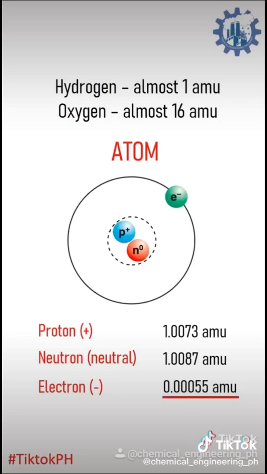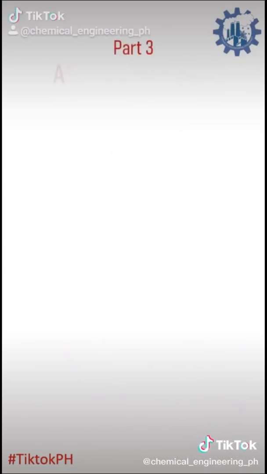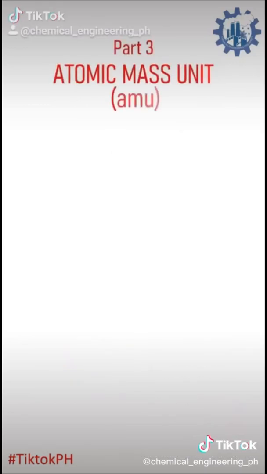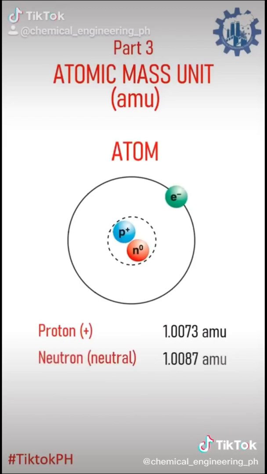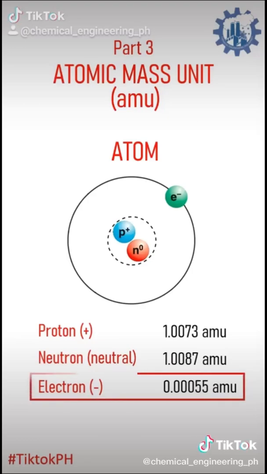That is why it is considered negligible when calculating the atomic weight. Here is the third part of our discussion about the atomic mass unit. We have shown the equivalent atomic mass unit of each subatomic particle, the proton, the neutron, and the electron. We also highlighted that the atomic mass unit of the electron is much smaller compared to the proton and neutron. That is why it is considered negligible in calculation.